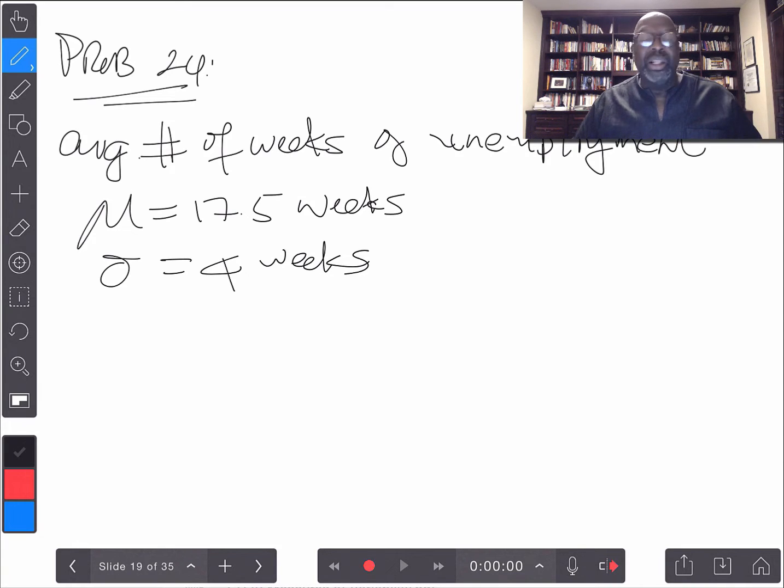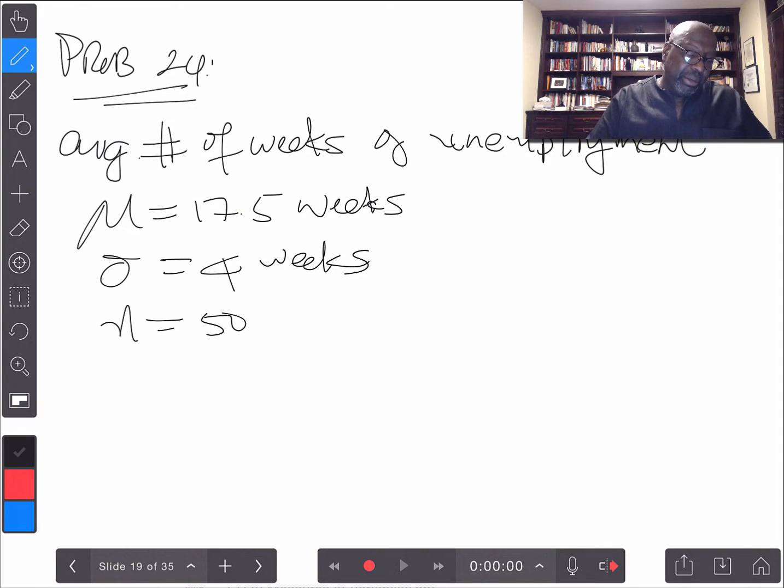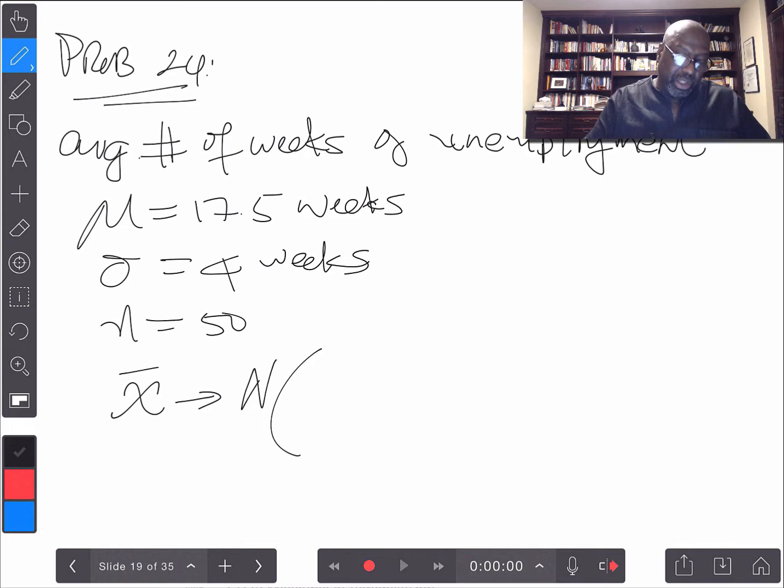It says show the sampling distribution of X bar, where X bar is the average for a sample of 50 unemployed individuals. So our sample size is 50. What's the sampling distribution of X bar? X bar is a normal distribution, so I'm going to use some notation: mu X bar, sigma X bar.